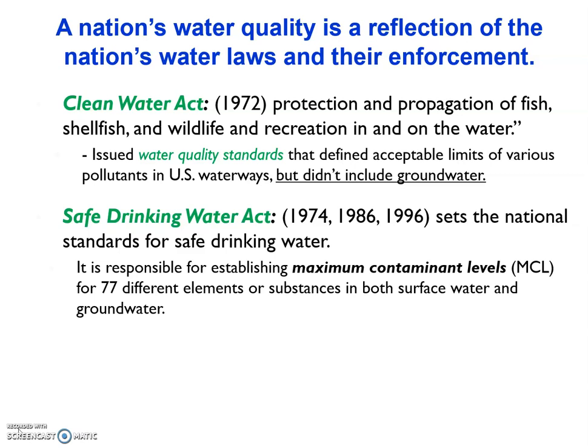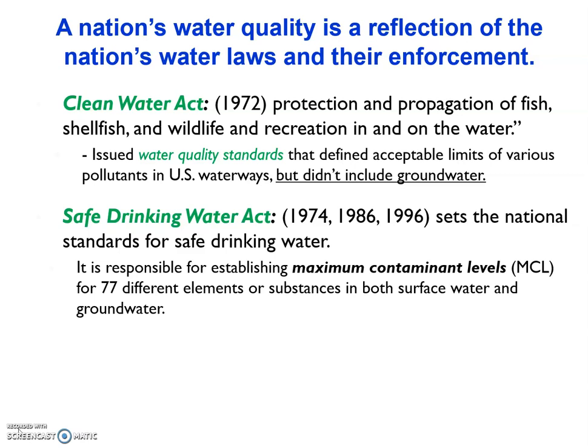So you will have a post-lab assignment for this lab, and it involves the drinking water standards. You are to go on to your computer and search for a water quality report for your town. And I want you to read it very thoroughly.